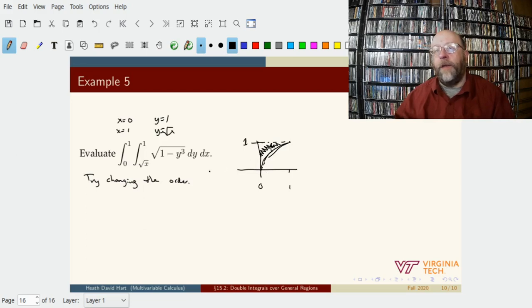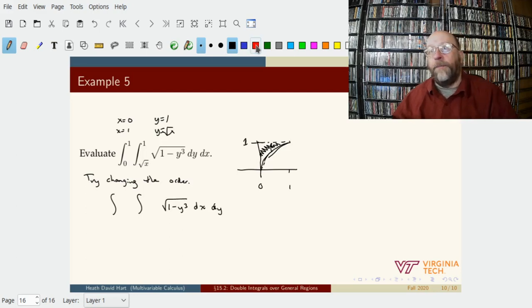So how do we set up the same problem in this order here? Now I want to put numerical boundaries on the outside, the smallest and largest y values in the region.